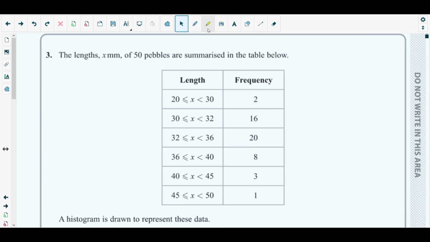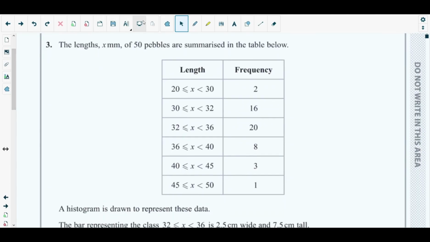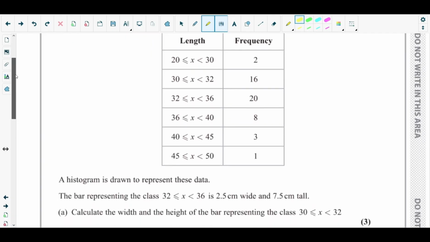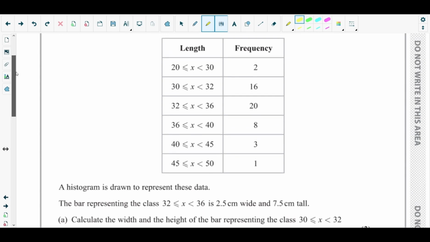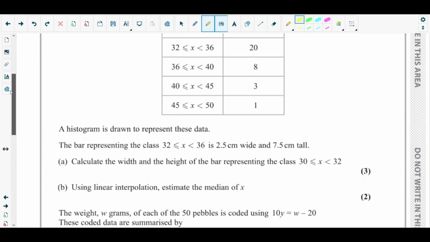Let's see what the question is about. The question says: the lengths x millimeters of 50 pebbles are summarized in the table below. The lengths of 50 pebbles are given in this table, with one column for length and the next column for frequency. A histogram is drawn to represent these data.